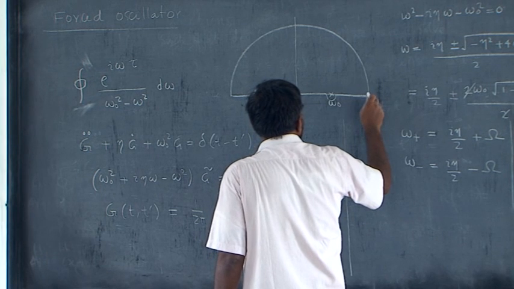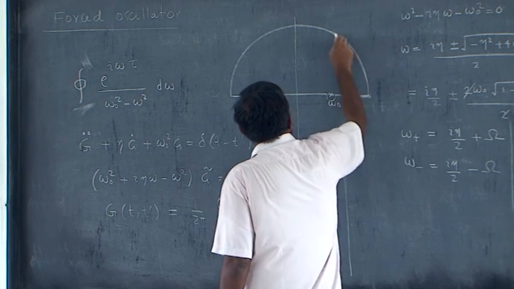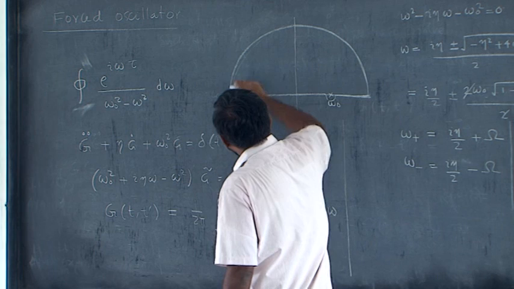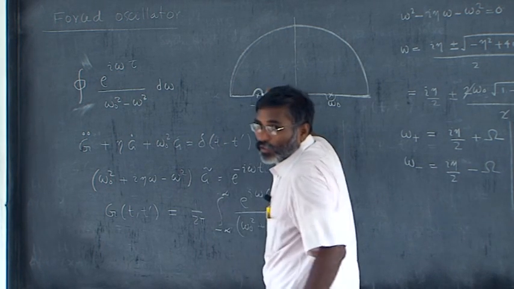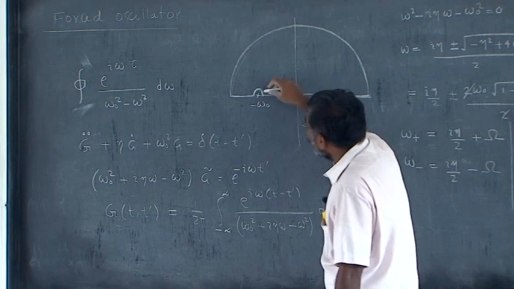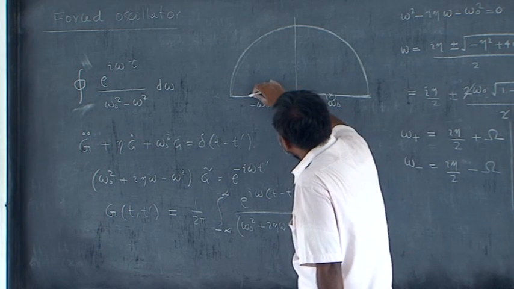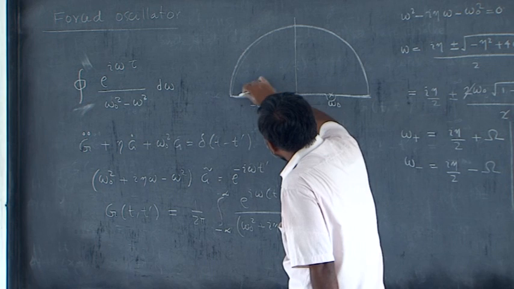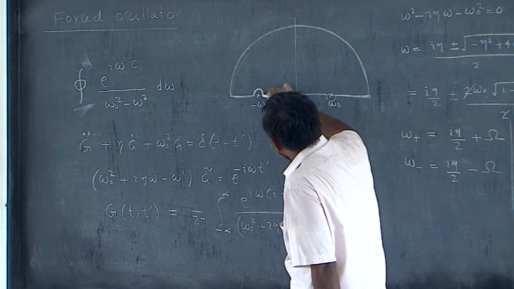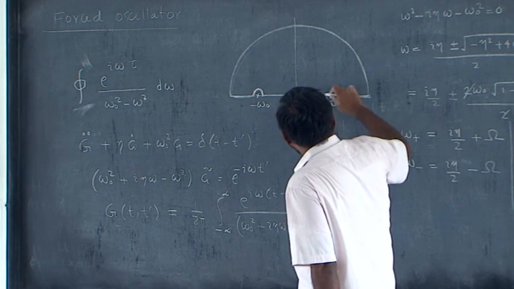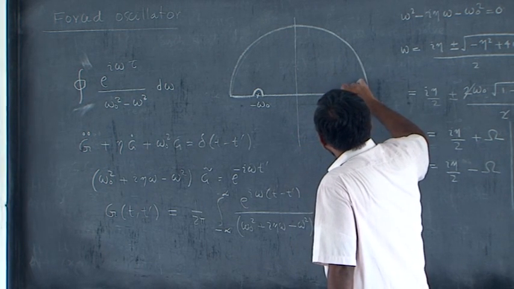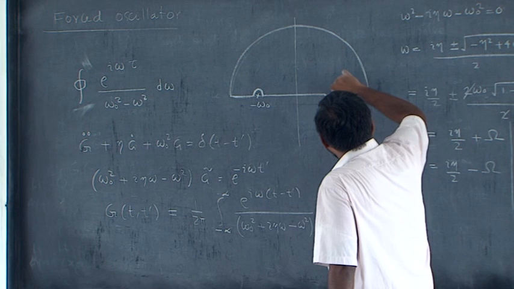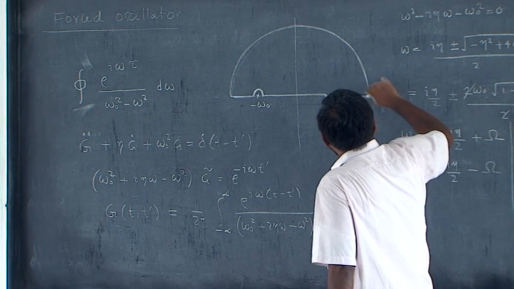For example, if I start with 0 here, when I come here, the phase is pi. Now pi to again 0. Okay, pi to 0, and then this is 0, and then 0 to pi, and pi again.